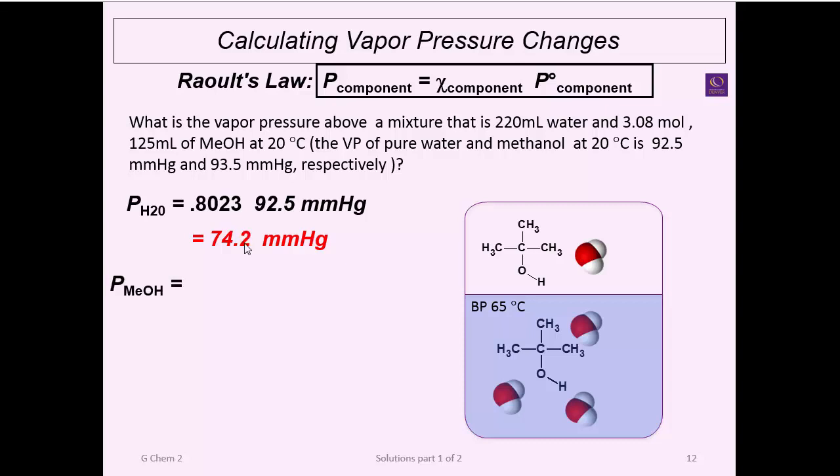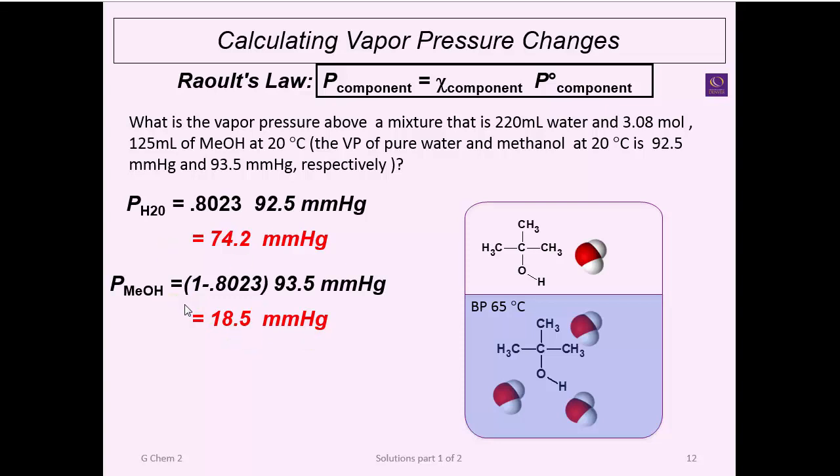But methanol itself also vaporizes, and it's easy to find the mole fraction because there's only two components. We just do the easy math here: 1 minus 0.8023. In other words, 20% of the mixture is methanol. We take it times the vapor pressure of pure methanol, and you get another contribution of 18.5 millimeters of mercury from methanol.